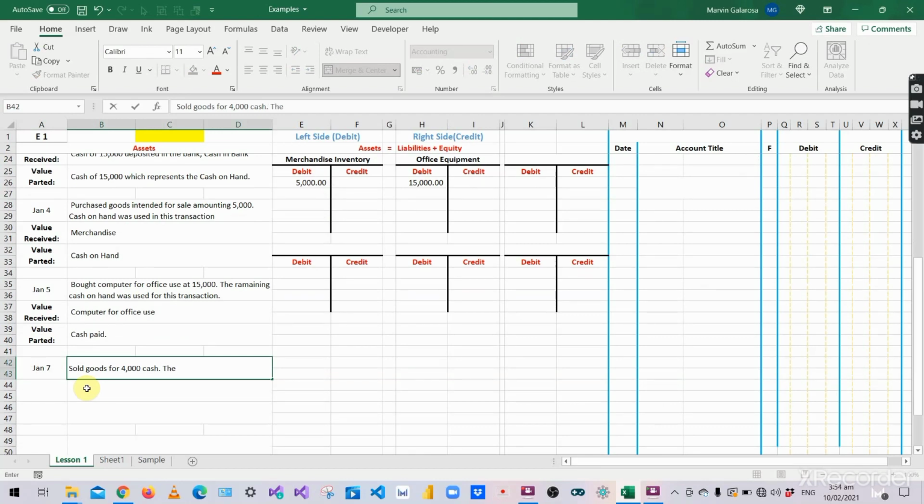The cost of this merchandise sold was 2,000 pesos. And another additional information, periodic system is used.